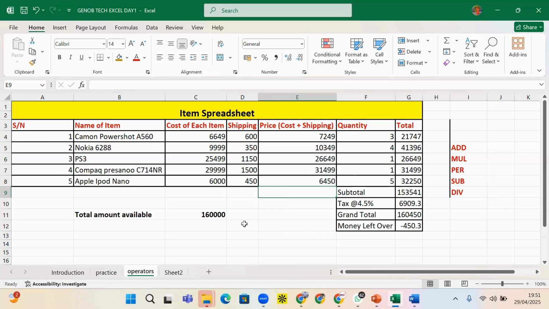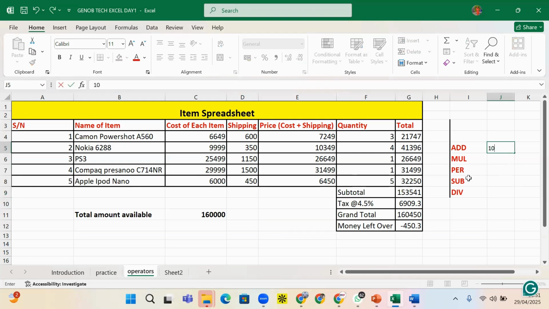So for us to do that, let me use some numbers here. I have 10, I have 3, I have 10 again, I have 12. Okay? So let us use this to perform the comparison operators. The first one we have is equal to.